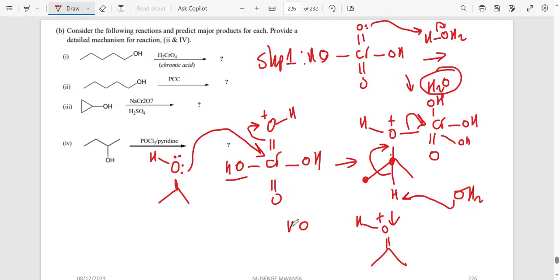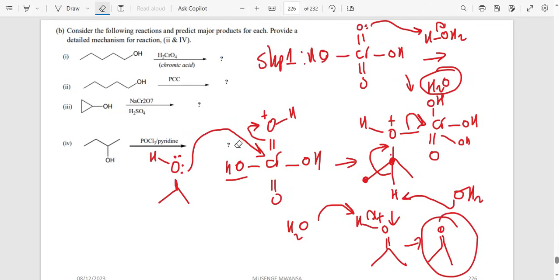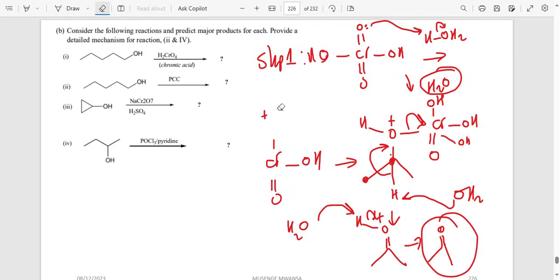Another water molecule can come in, grab this hydrogen, break off this bond, and then you form your ketone. So this is how the ketone is produced from secondary alcohols as a mechanism. It's a bit different from aldehydes, because you have to reoxidize. When you form the aldehyde, you again oxidize it to go to a carboxylic acid.